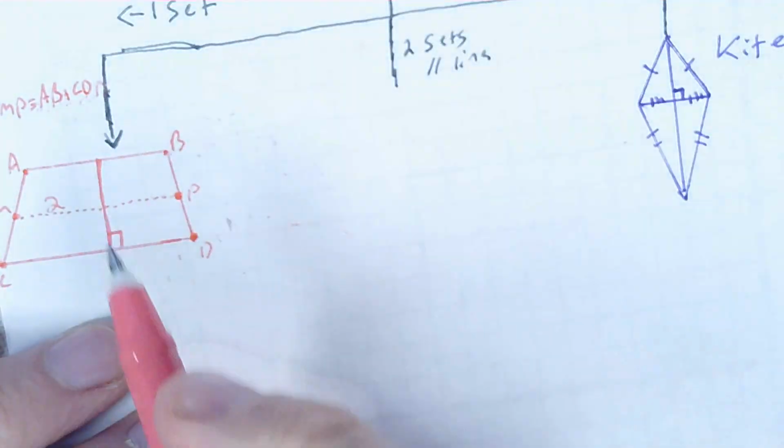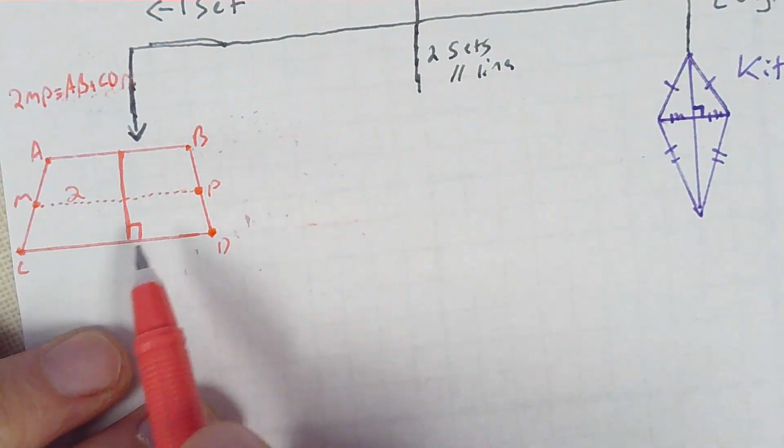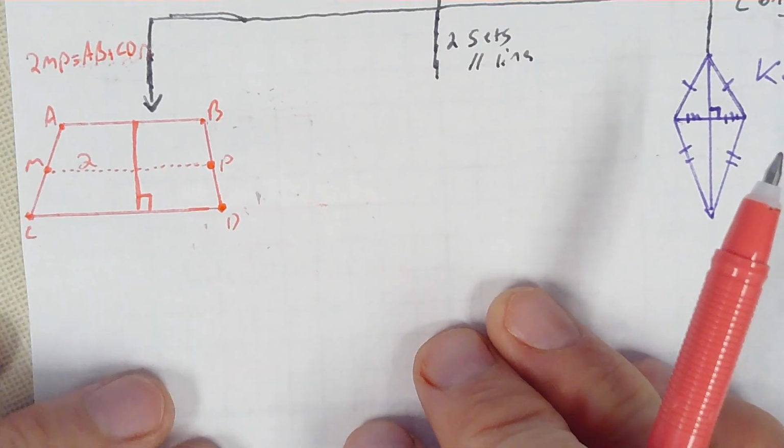Or it's just an average. You could also just say the midline is the average of this and this. Another way to look at that, okay?